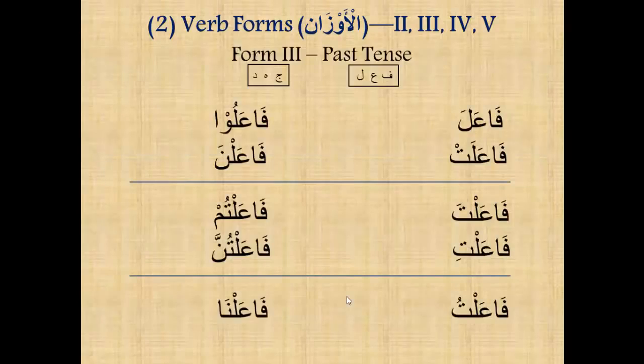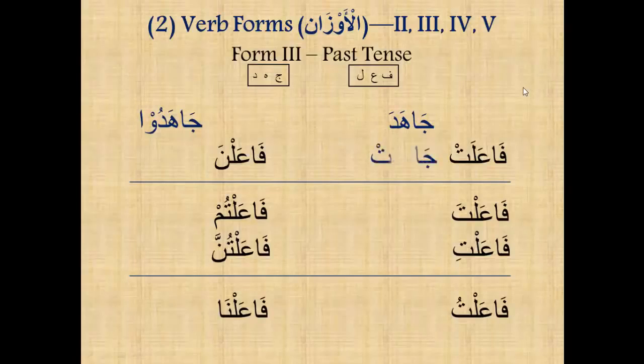Past tense conjugation for Form 3. Using the root letters jim, ha, and dal, we have jahada, which means he struggled. Jahada, fa'ala, jahada. Fa'alu, jahadu. Fa'alat, jahadat. Fa'alna, jahadna.